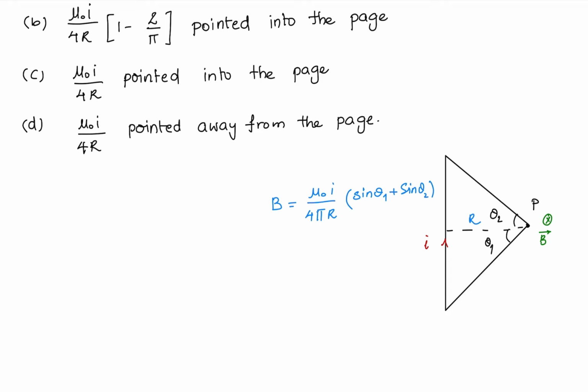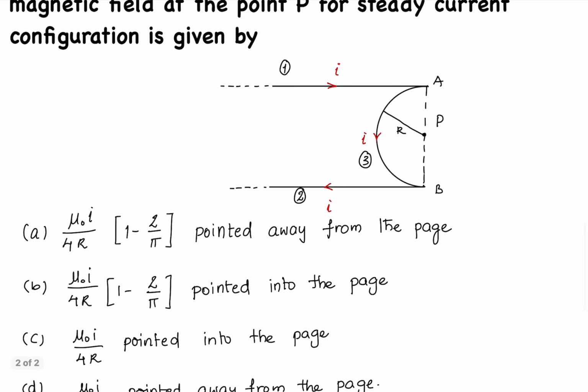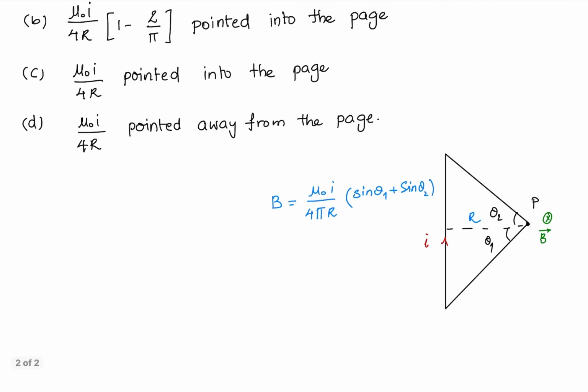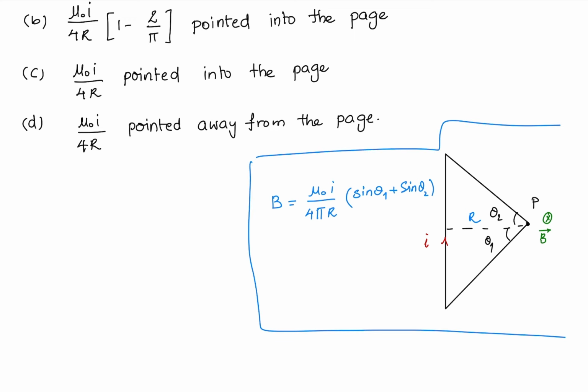But in our case, this is not a finite length wire. It is finite on one side, and on the other side it is infinite. So we have a wire carrying current, finite on one side and of infinite length on the other side.